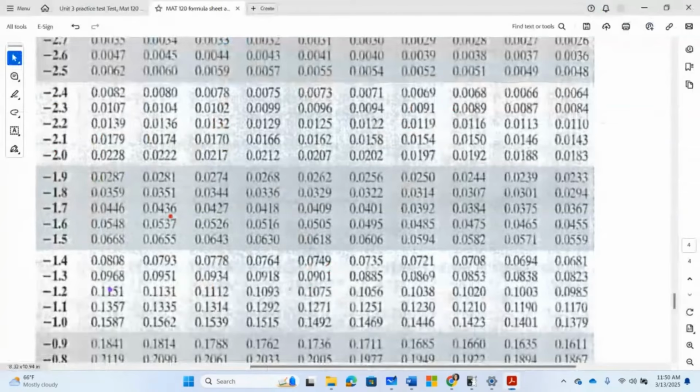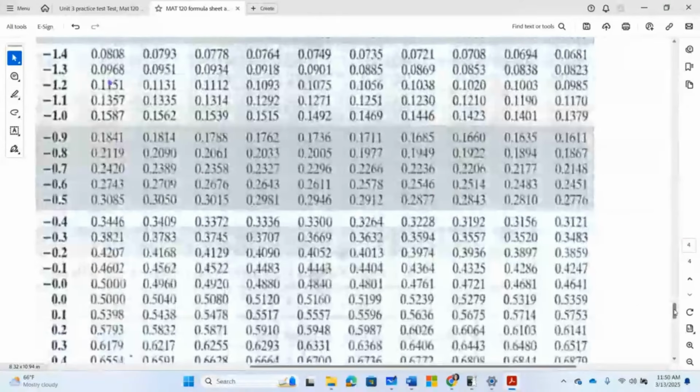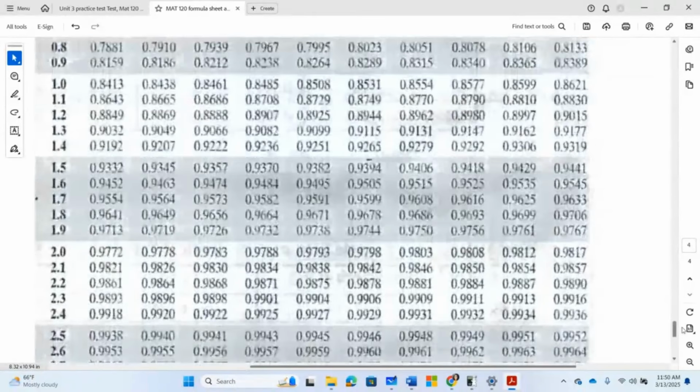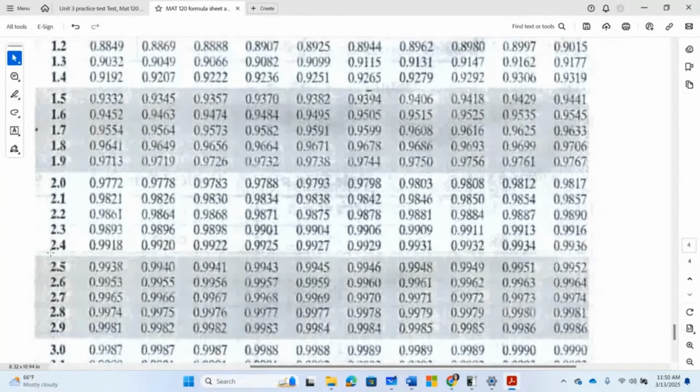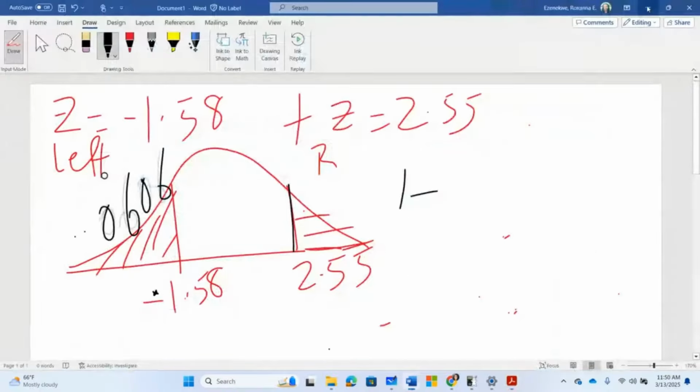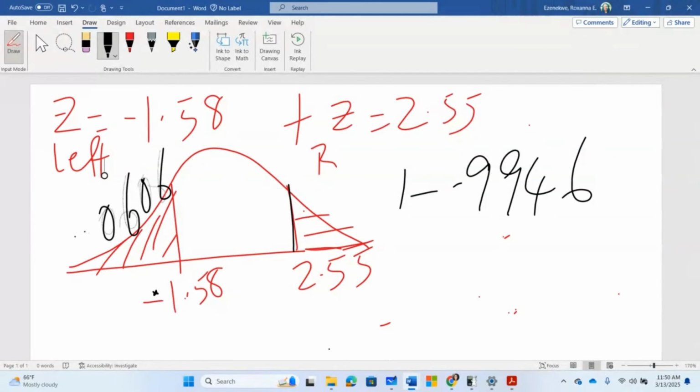So this is 2.55, so I am going to look for 2.55. And when I get that area, I'll do 1 minus. So here is 2.5, right here, 0.5012, 3, 4, 5, 0.9946. So 1 minus 0.9946.